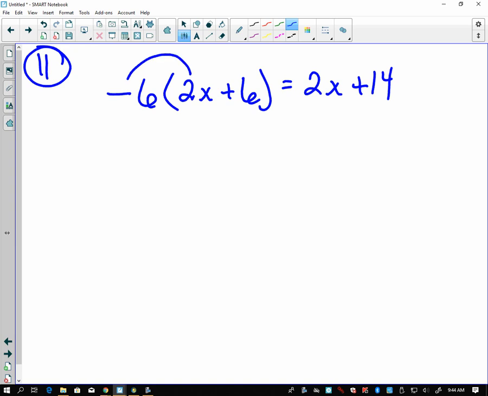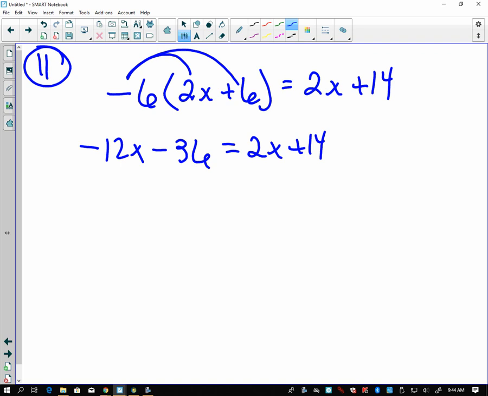Okay, negative 6 to 2x is what? Negative 12x, is that what you said? Okay, now what? Negative 6 to 6, which is negative 36, okay, equals 2x plus 14.